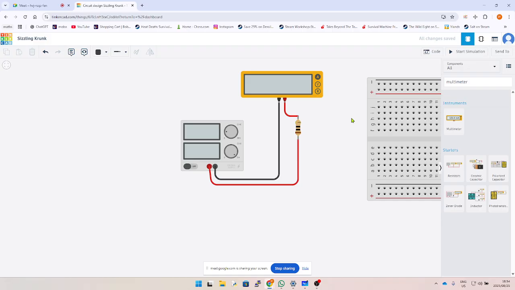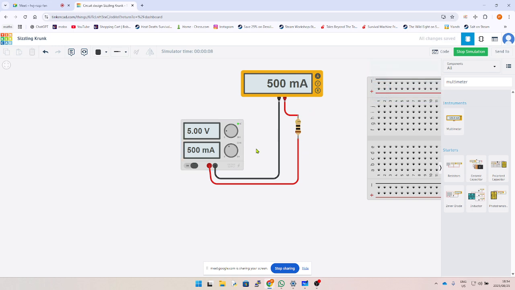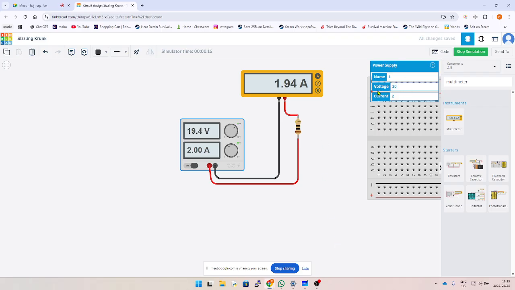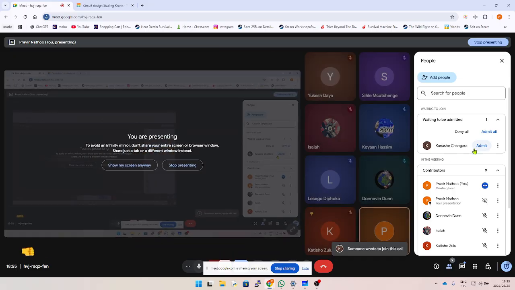Two. So it will always show two. Obviously, I forgot to change the voltage. There you go, 2 amps, right? And so I can see you guys understand it.